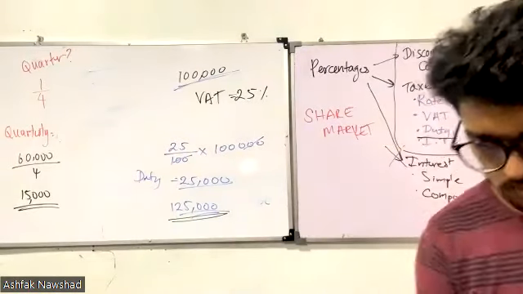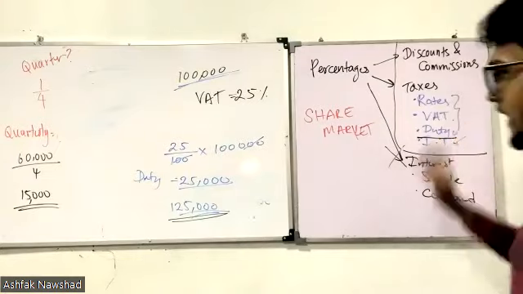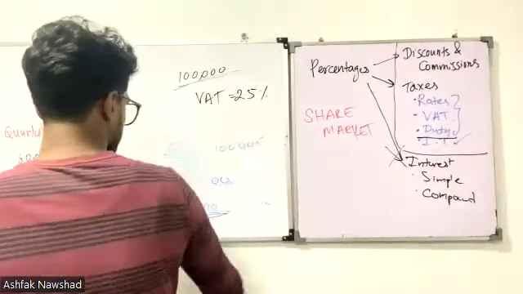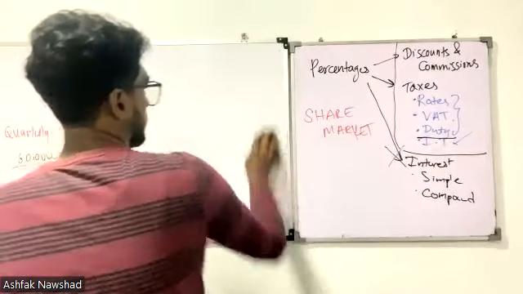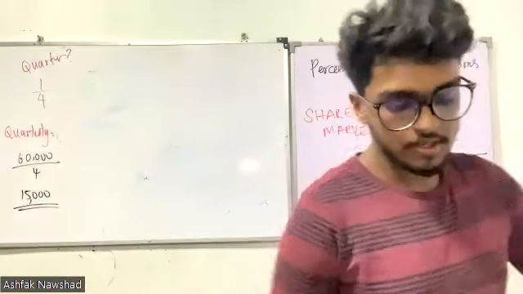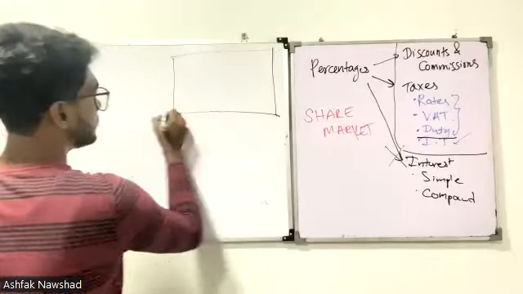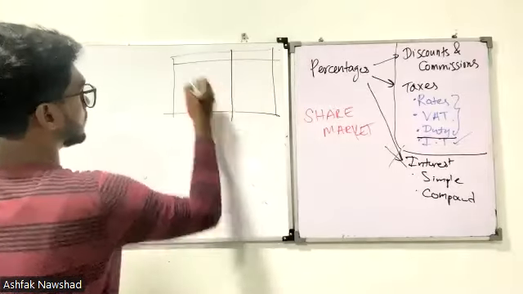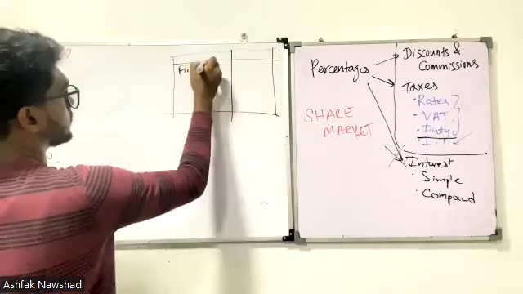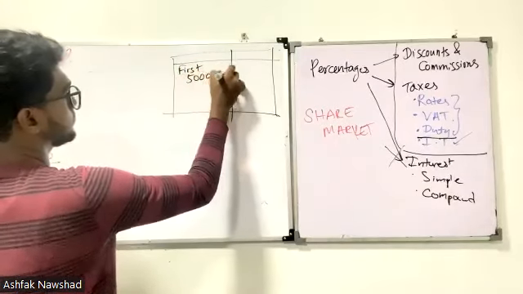Good. Okay. So let's move on to income tax. In your math syllabus and in your O-level papers, there's a table like this. First 500,000.